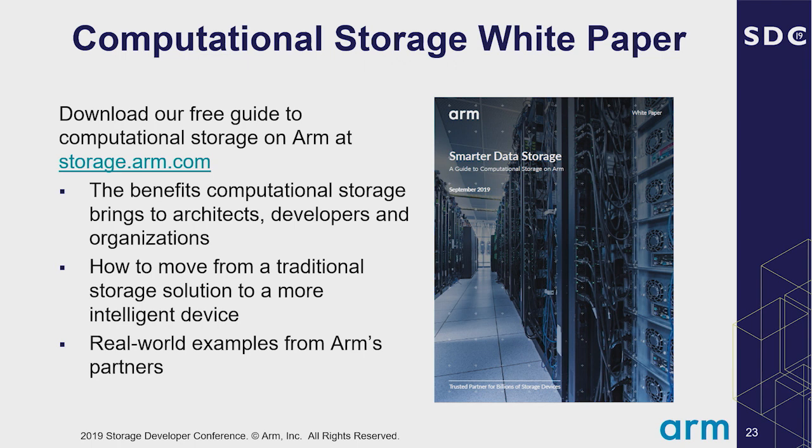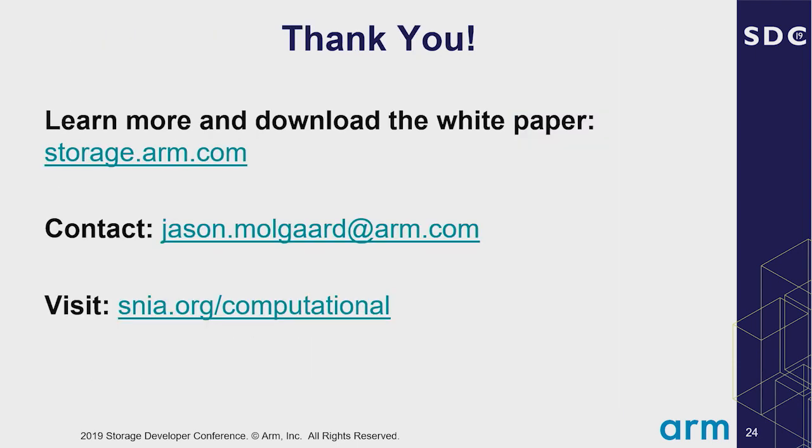You can download it at storage.arm.com, and it goes into a lot more of the benefits of computational storage, migration strategies, and best of all, real-world examples from ARM's partners, some of whom you've already heard from today in this track. And did I mention that it's free? So, all right, with that, thank you. Any questions?